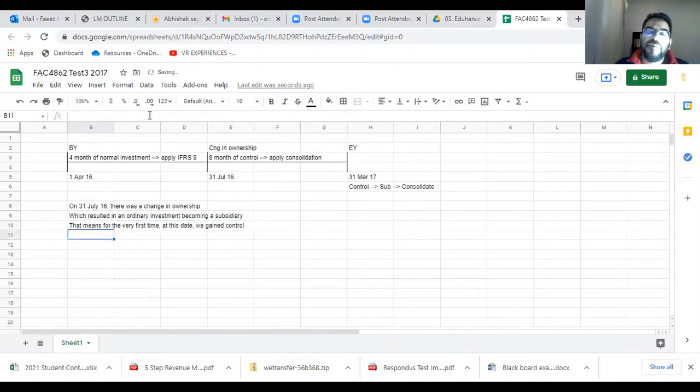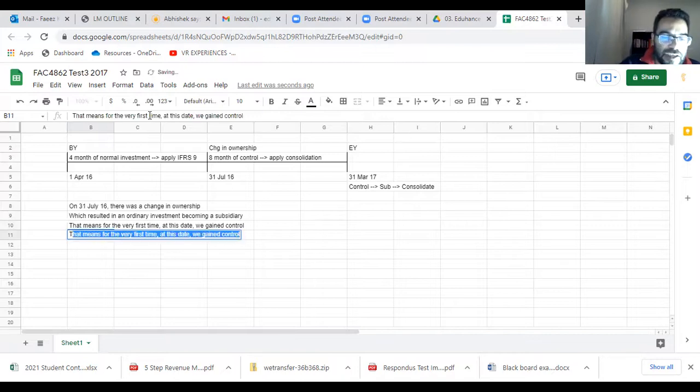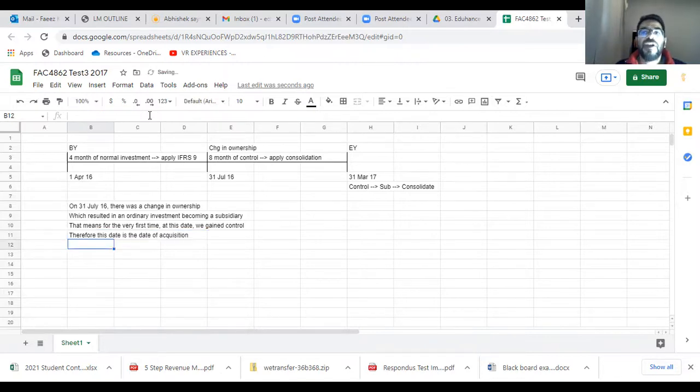So this date is the date of acquisition. So what happens at the date of acquisition? We must eliminate ordinary equity. We must eliminate all equity.